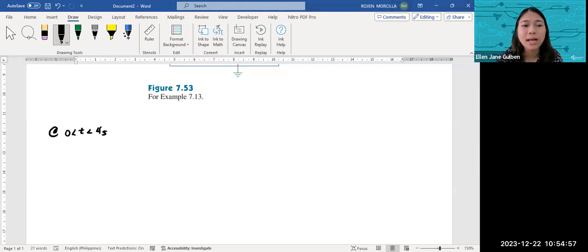Okay, so at time between 0 to 4 seconds, we will have this kind of circuit.